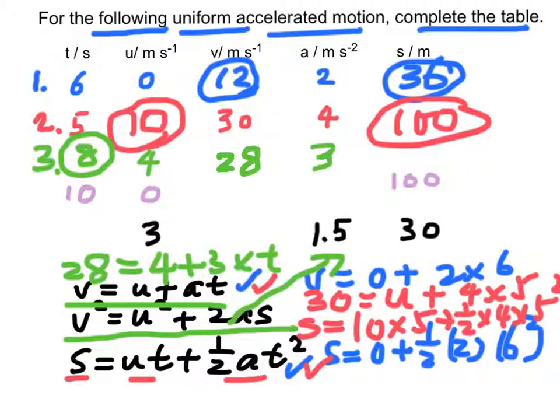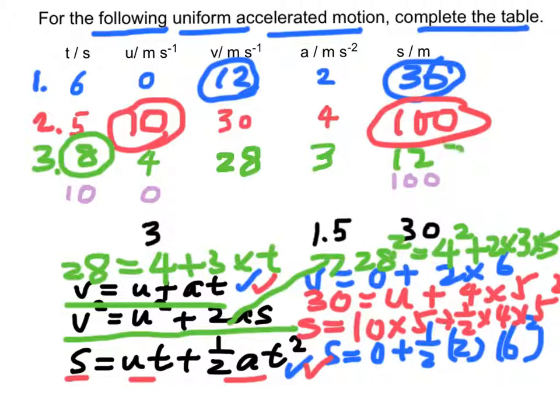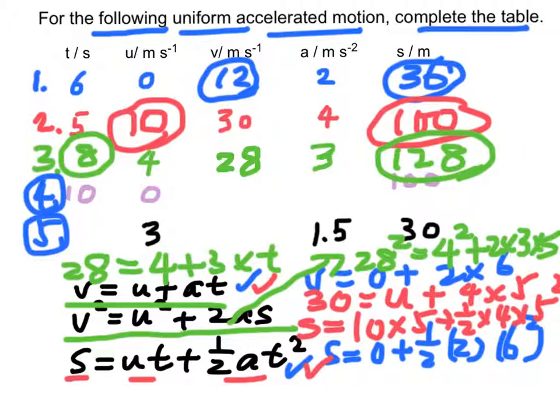Therefore, we have square of 28 equal to square of 4 plus 2 times 3 times s. Therefore, s equal to 128 meters. Number 4 and number 5 will be left for you to do using similar methods.